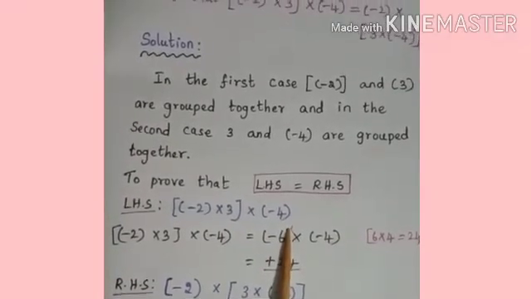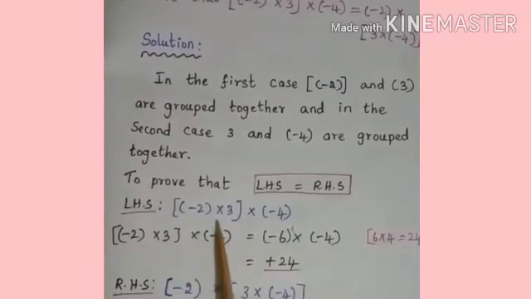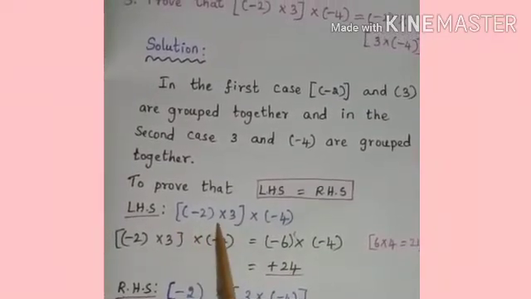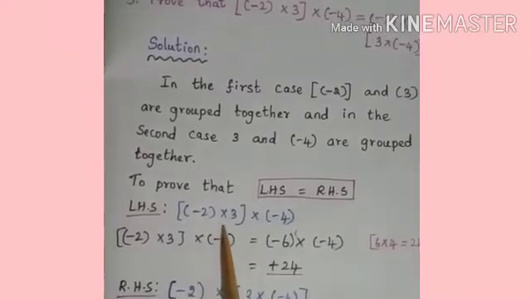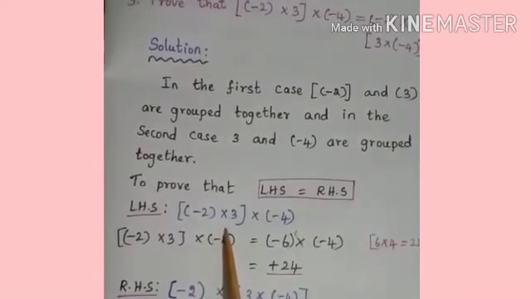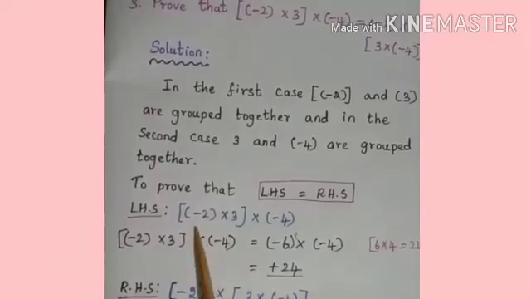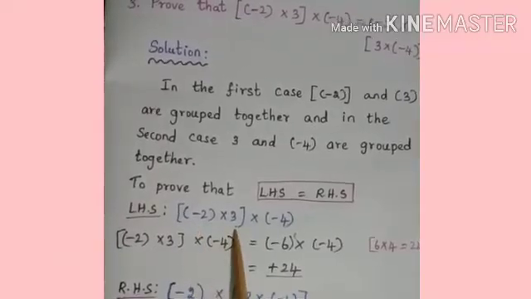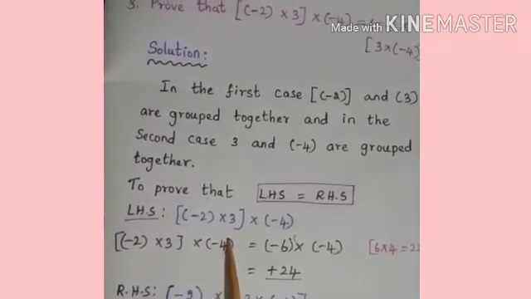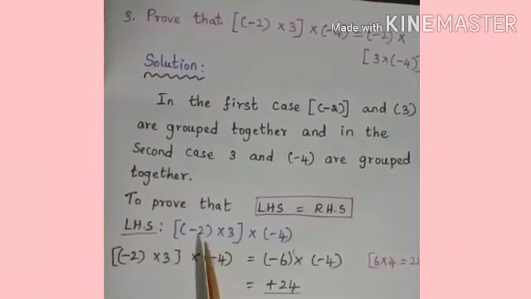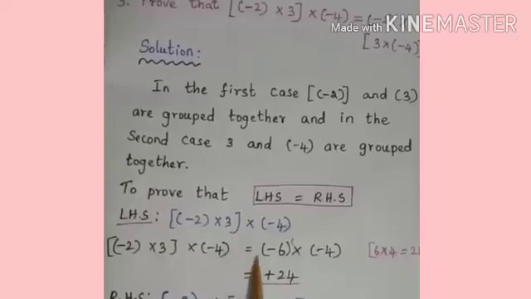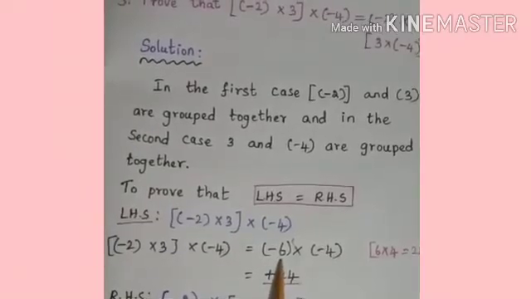Here, we have to multiply the integers within the square bracket first. That is minus 2 into 3. We know that multiplying negative and positive integers always gives a negative integer. That is, minus 2 into 3 gives minus 6.